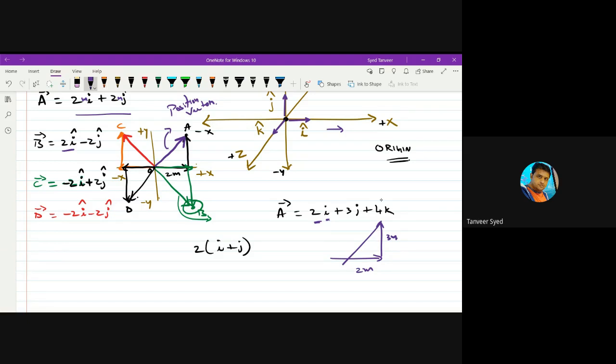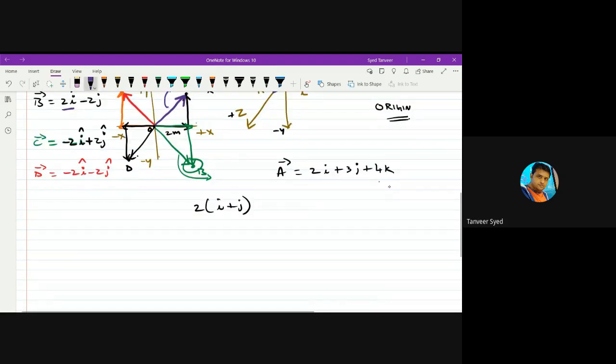Now, practice these different vectors by taking any one corner of your room as the origin. Your room will be like this, no? Yes, sir.